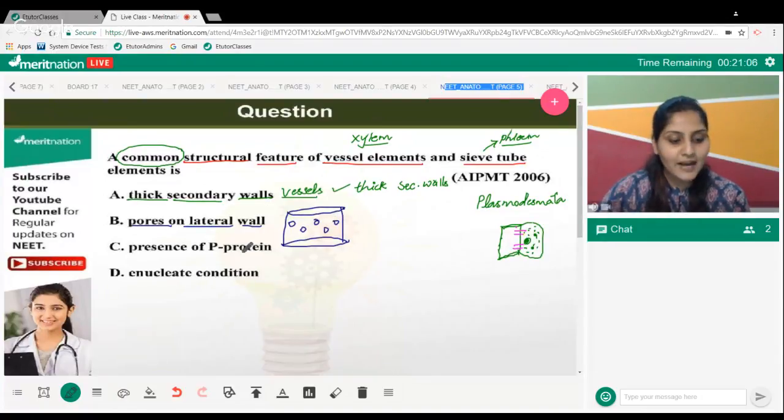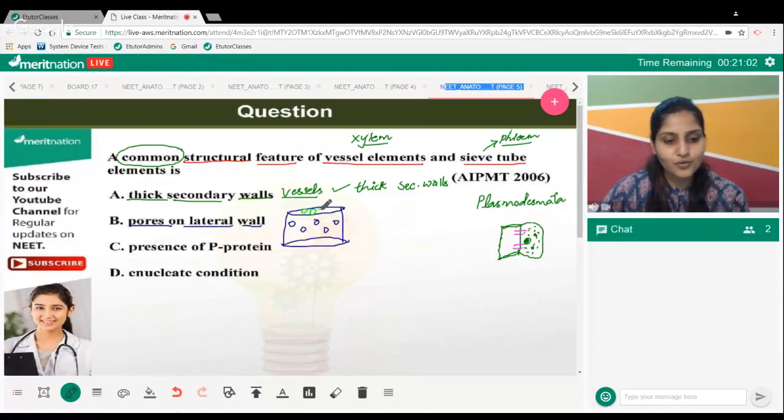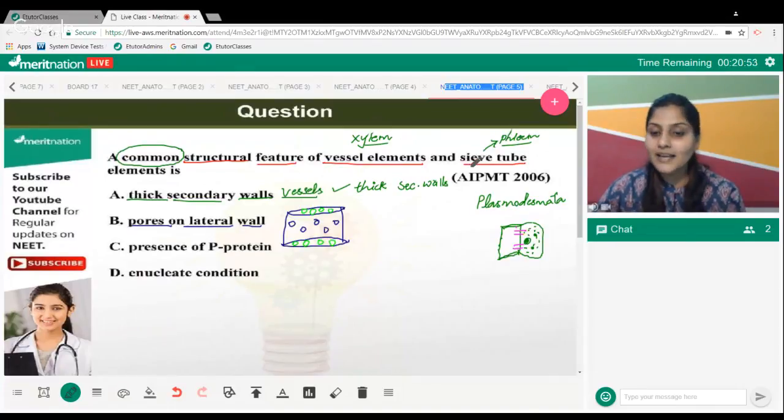You will also find pores on the end walls as well. But lateral walls do not have pores in case of sieve tube elements. This is a very major difference between both the conducting elements. So again, this is a wrong answer.